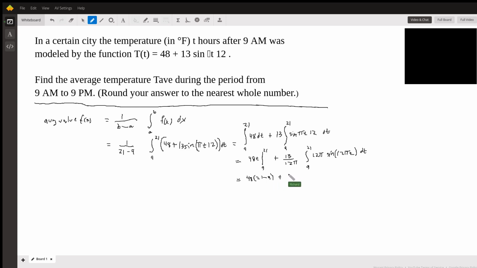So this is going to be 13 over 12 pi times, now the antiderivative here is just the negative cosine. Oh, I wrote a plus here.